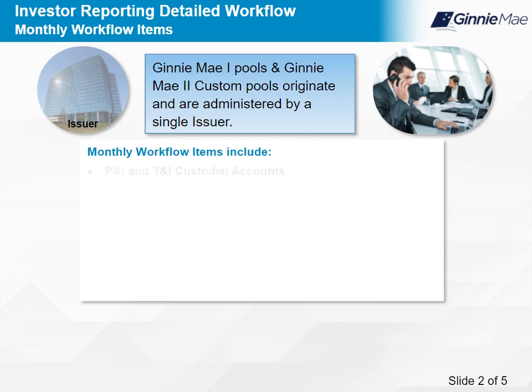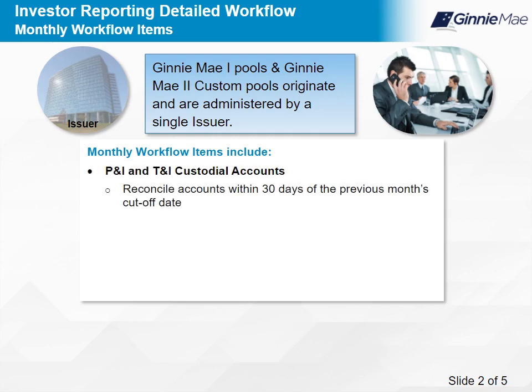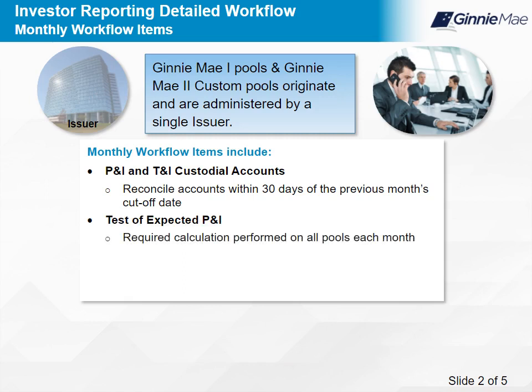The test of expected P&I is a required calculation performed on all pools each month. Shortages found are funded by issuer. The fourth workflow item is the pool to security reconciliation. This is a required calculation performed on all pools each month.